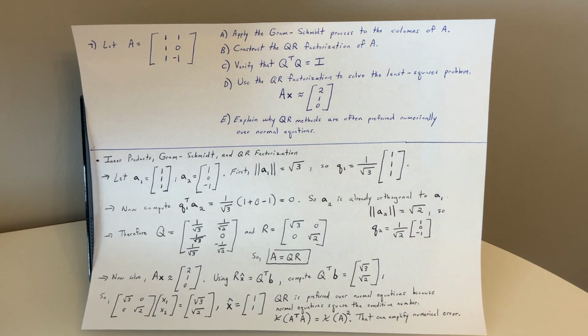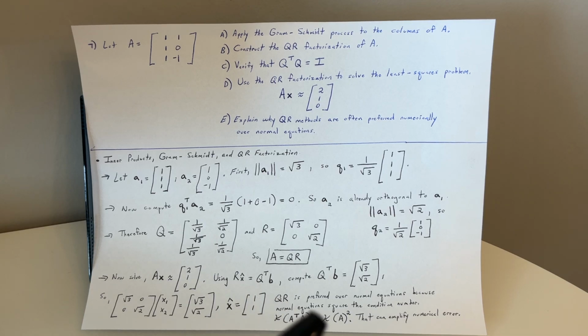Some people say vector, I just say column, whatever you prefer; it depends on the context. So we get the matrix root 3, 0, 0, root 2 times x1, x2 equal to root 3, root 2, and this is x hat equals 1, 1.